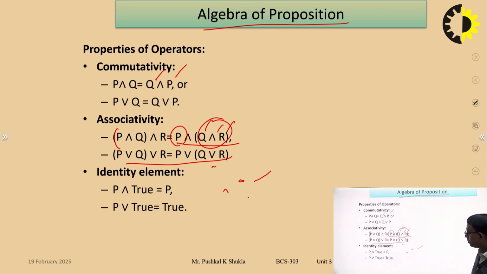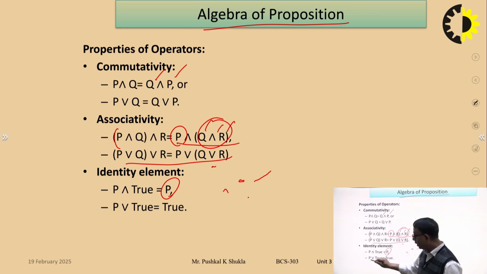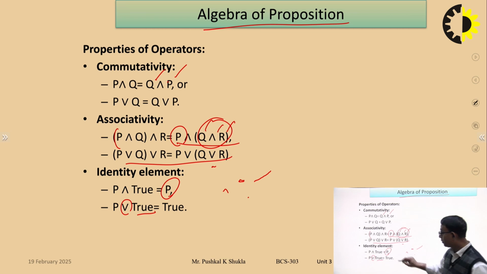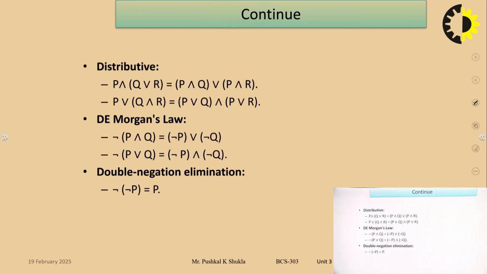Identity element: P logical AND T, where T means true, is equal to P, and P logical OR T is true. Distributive: this is the distributive operation, of logical AND over logical OR.